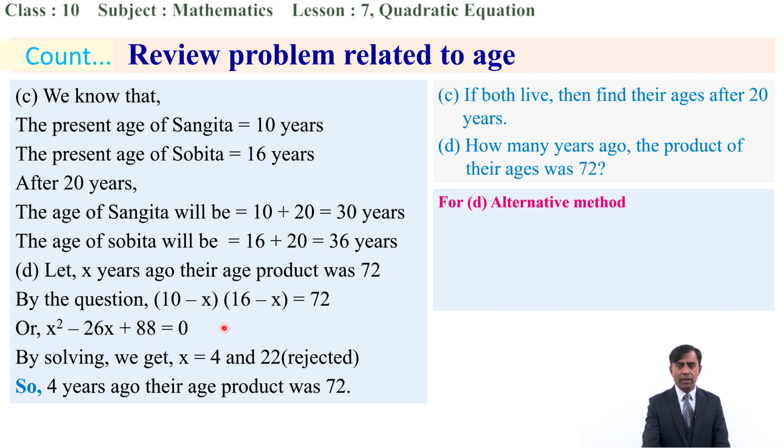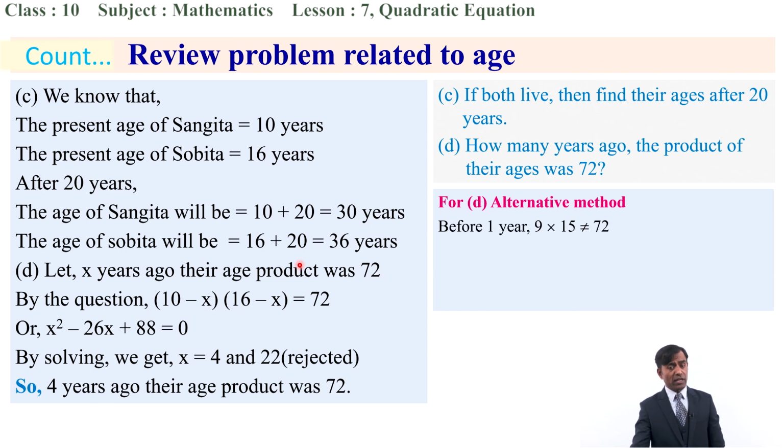Can we solve this by another method? Look here for an alternative method. Before 1 year their product was not equal to 72, right? Because we are finding when their age product was 72, we tested 1 year.